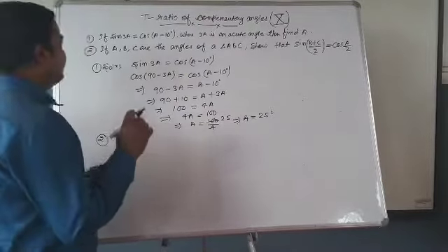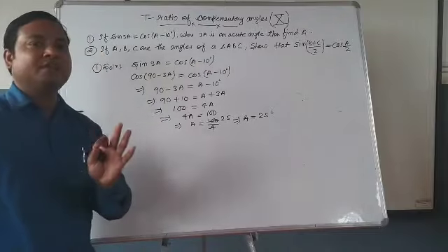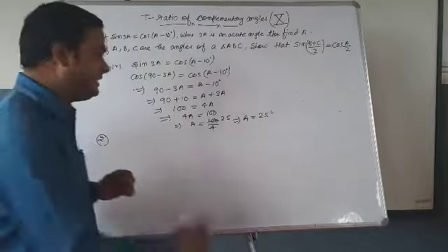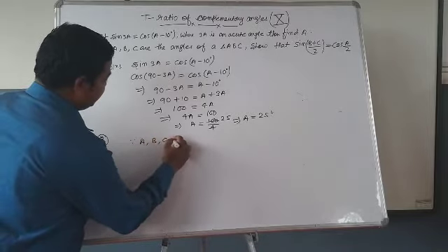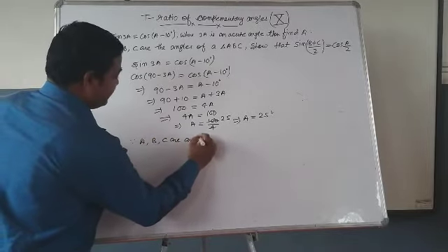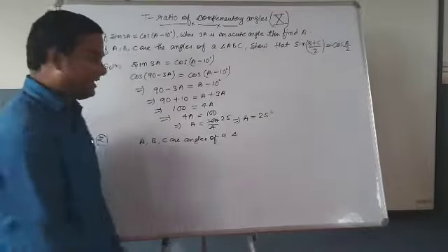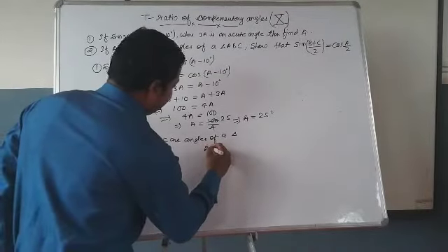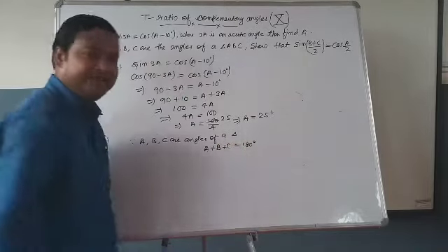Look how to do it. Since A, B, C are the angles of a triangle, and we know the sum of all angles of a triangle measures 180 degrees, we can write A plus B plus C equals 180 degrees.